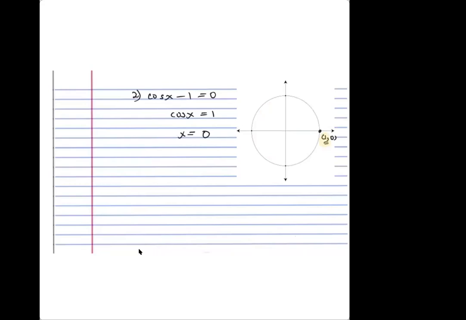So the period is 2 pi. So it should be 0 plus 2 pi k, but it doesn't make sense to say 0 plus something. So we're just going to get rid of the 0 plus and just put 2 pi k. All right, super. Now let's go on to number 9.